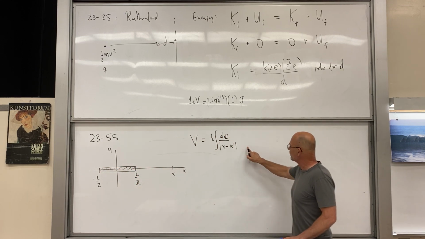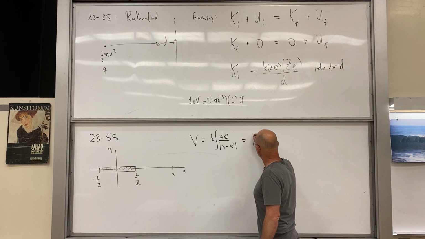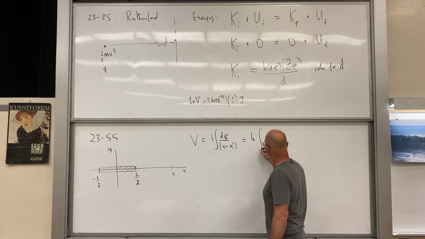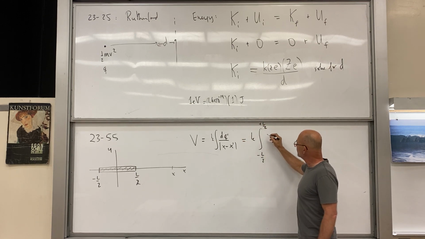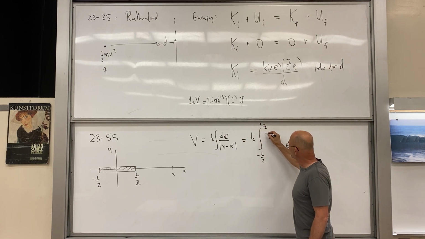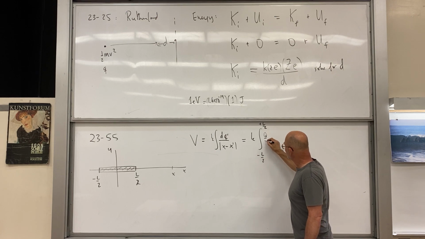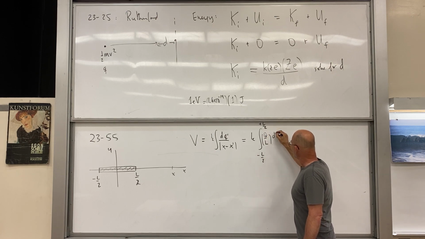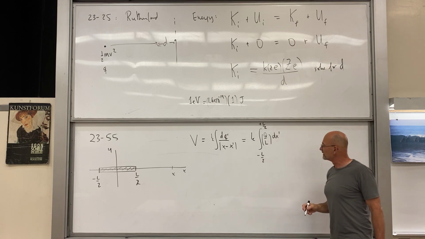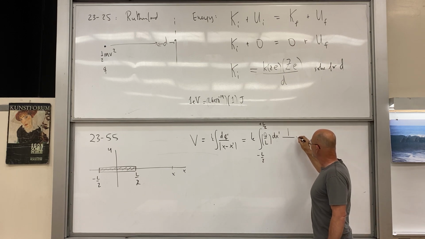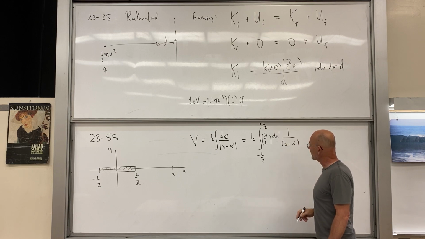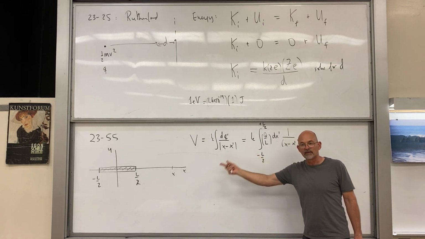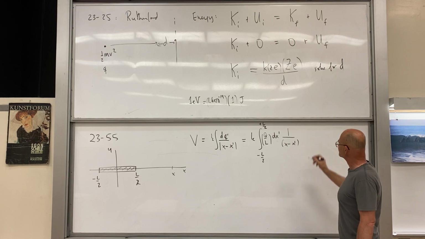So when we turn this into an actual integration, we have k, minus L over 2 to plus L over 2. Now the dq, it's a uniform distribution. It's going to be q divided by L times the dx prime. So that's our dq, and then we have 1 over x minus x prime. I can do away with the absolute values because I'm over here on the right side.